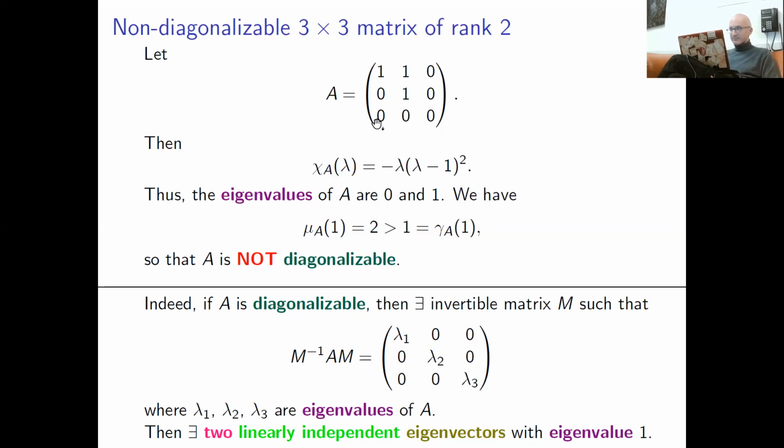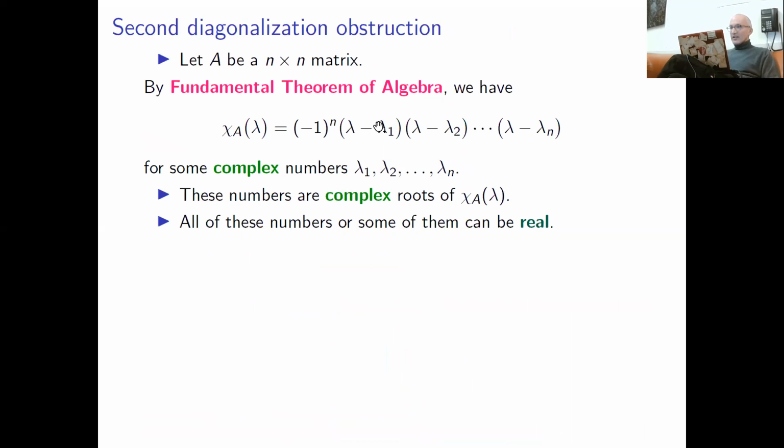Okay, the second diagonalization obstruction, which we implicitly mentioned earlier in this criterion, and which we also already used several times in the previous part, is that all roots of your characteristic polynomial must be real for the matrix to be diagonalizable.